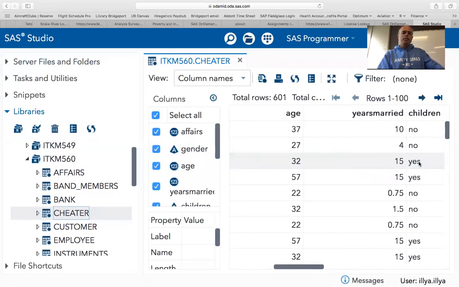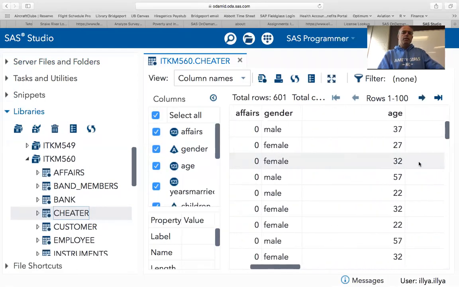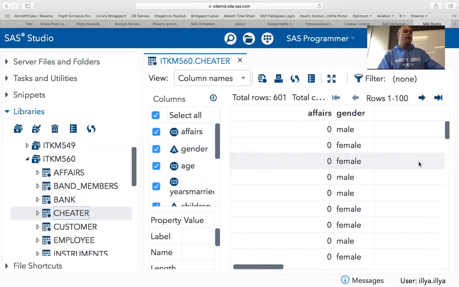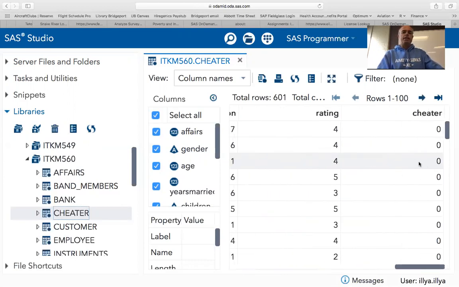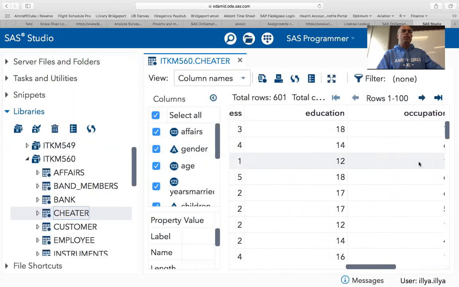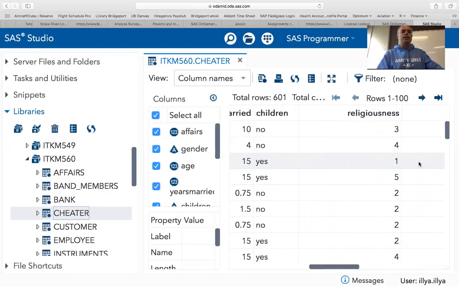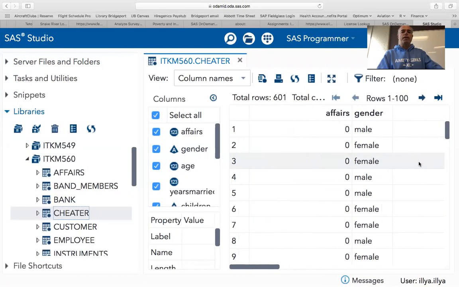And one question, what can we compare? What other categorical variable can we compare it to? What are you interested in knowing? So I want to know if people cheat or not cheat, if that has any relationship with what variable would you like to know, a categorical. So which categorical variables do we have here?